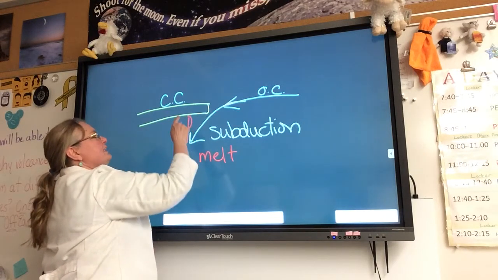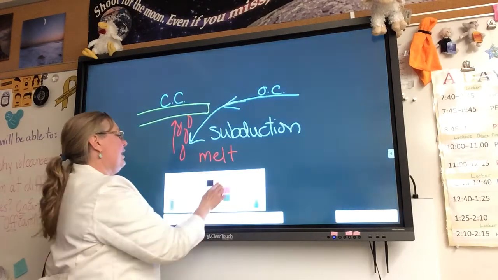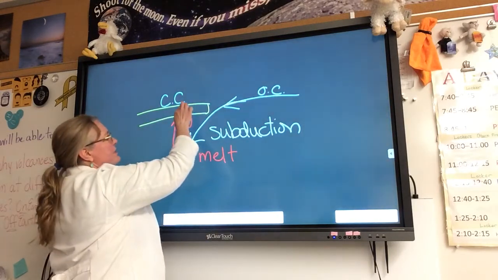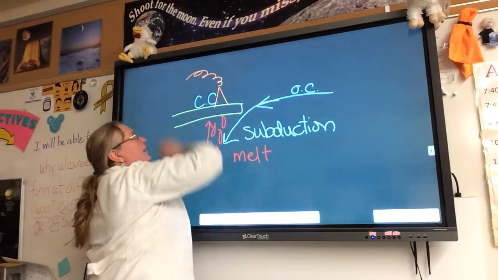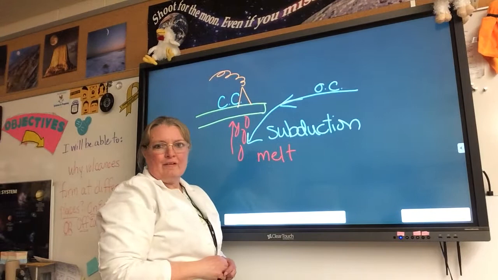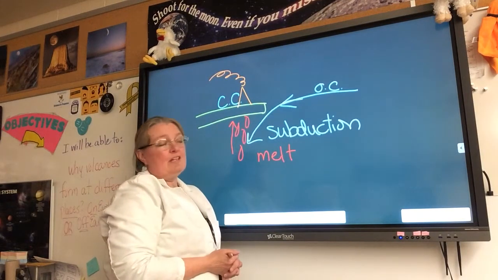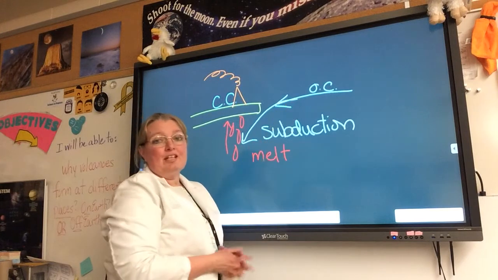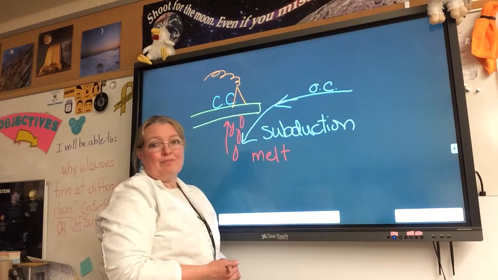The magma is going to be less dense, and it's going to want to go up. And when it reaches the surface, it's going to create a volcanic mountain. Notice it's not an island, it's on the land. If it was in the ocean, it would be an island. But on the land, it's a volcanic mountain.